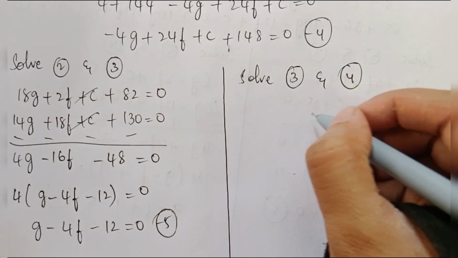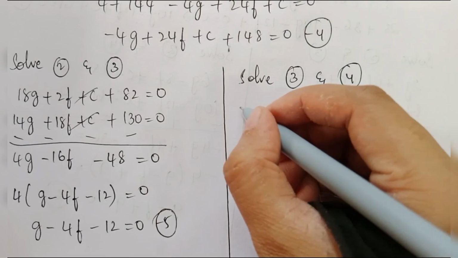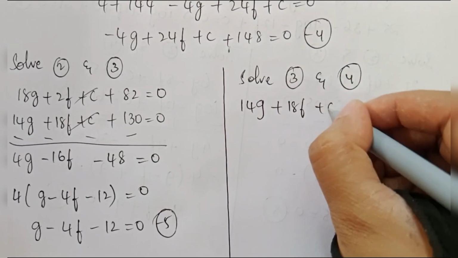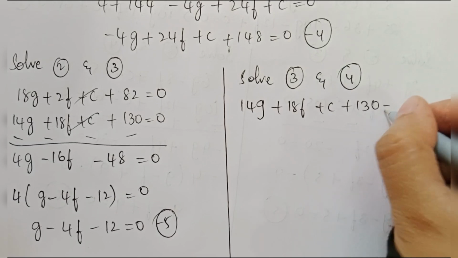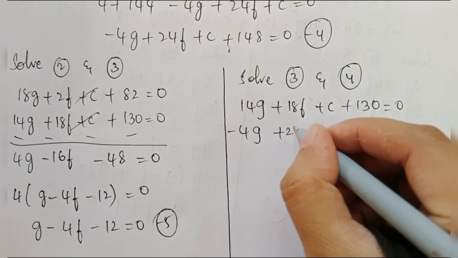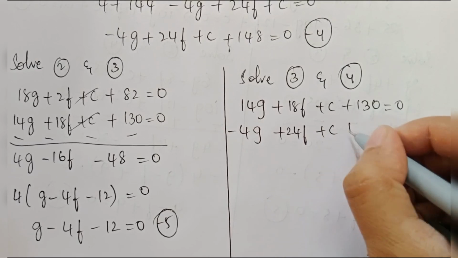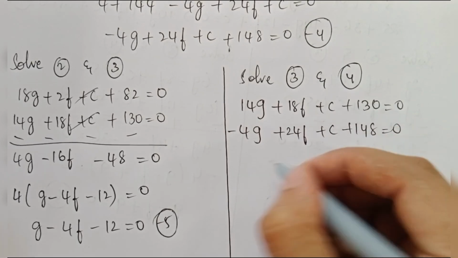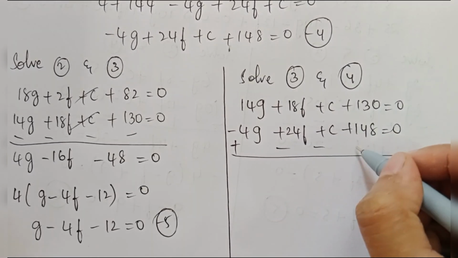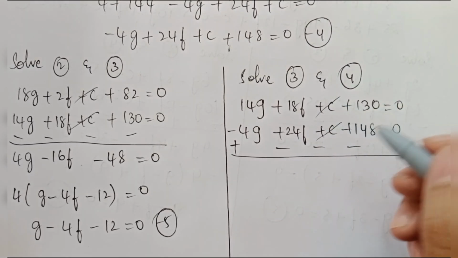Similarly, solving equation 3 and 4. So the third equation is 14g plus 18f plus c plus 130 equals 0. Equation 4 is minus 4g plus 24f plus c plus 148 equal to 0. Changing the sign, the c term gets cancelled out.